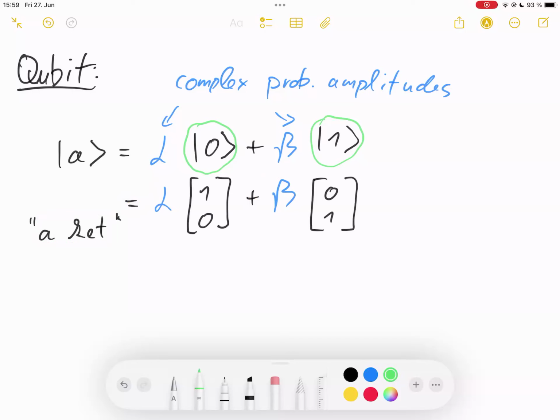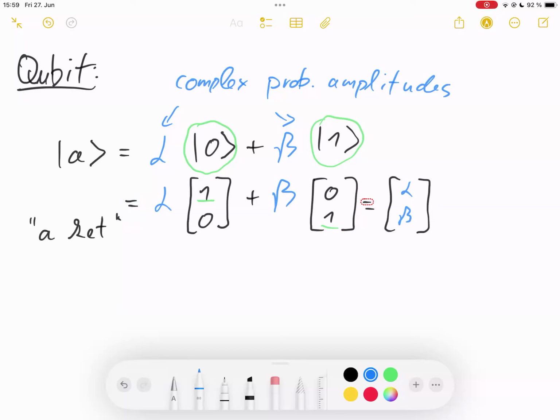The first entry stands for the 0 component, and the second entry stands for the 1 component. So alpha times this plus beta times this, we could also just write as a column vector, which is alpha and beta. Are you all okay with the notation up to here?